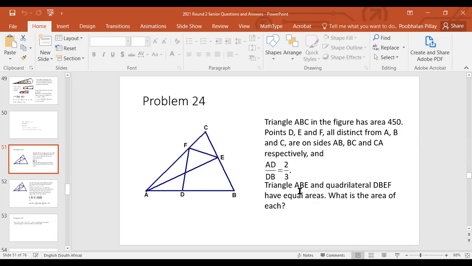They also say that the triangle ABE is equal in area to DBEF.